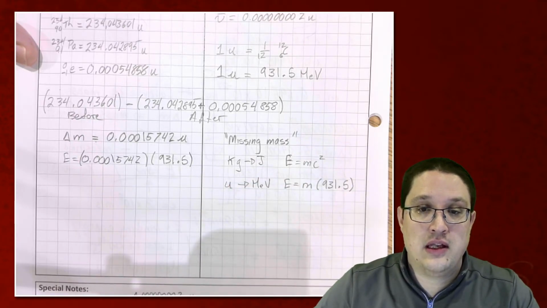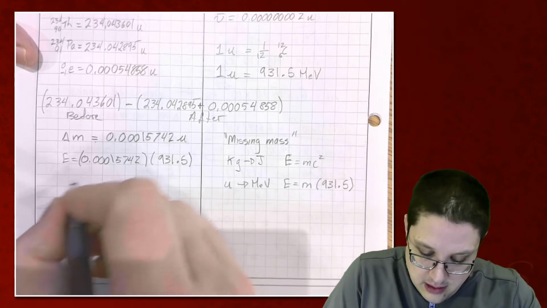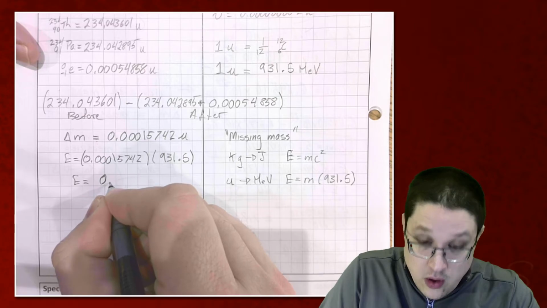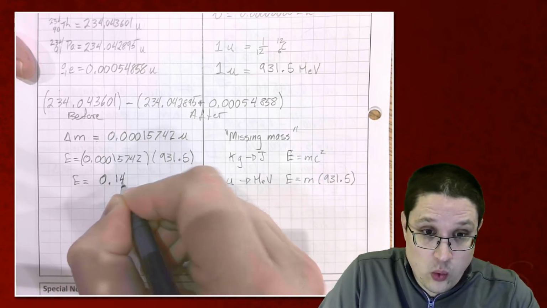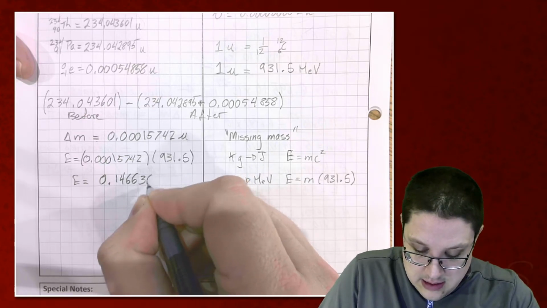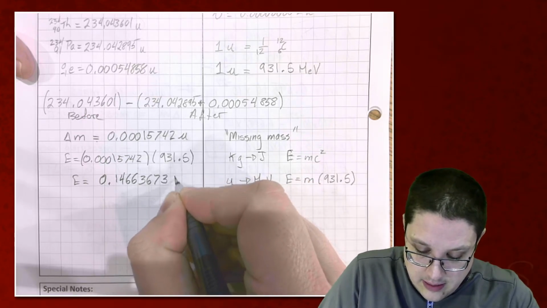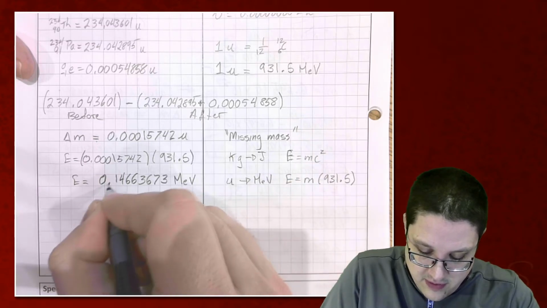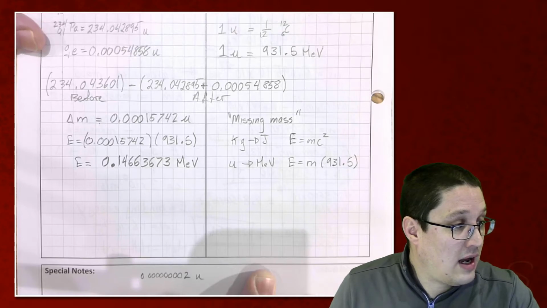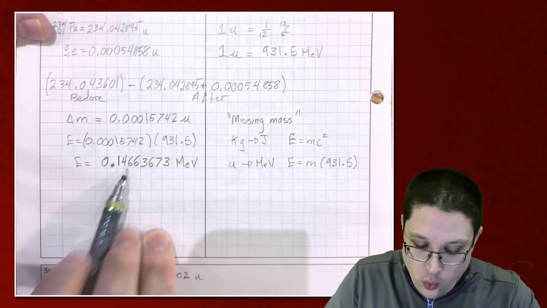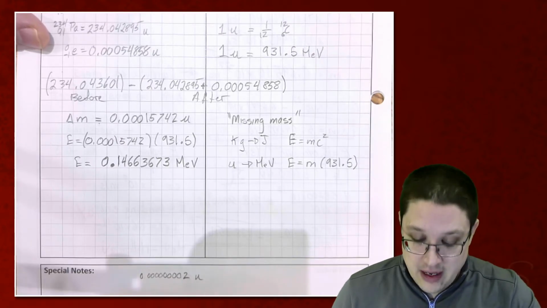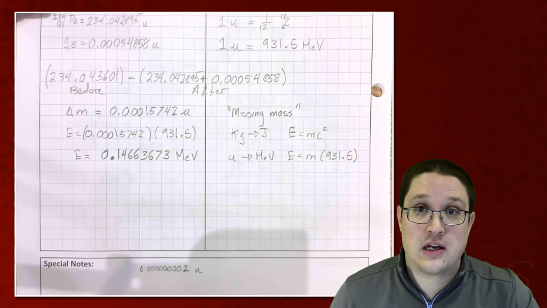And calculating that gets me my energy released by this reaction is 0.1466373 MeV. So in this case, I have 0.147, rounded off, million electron volts of energy released by this reaction.